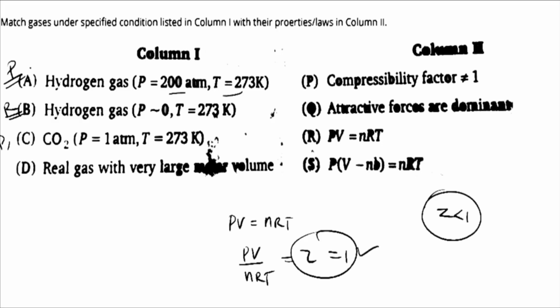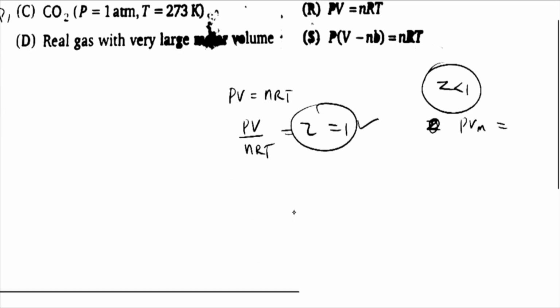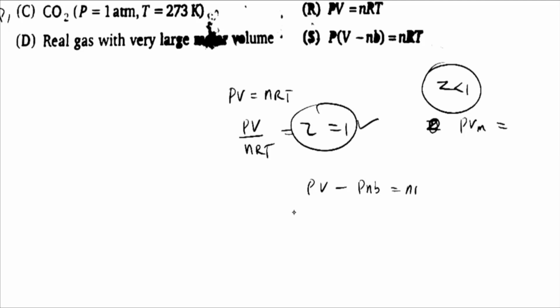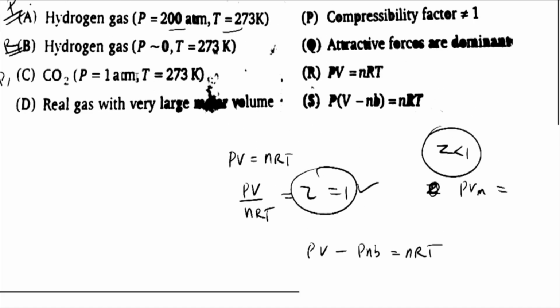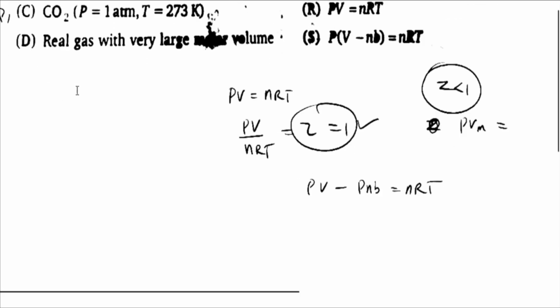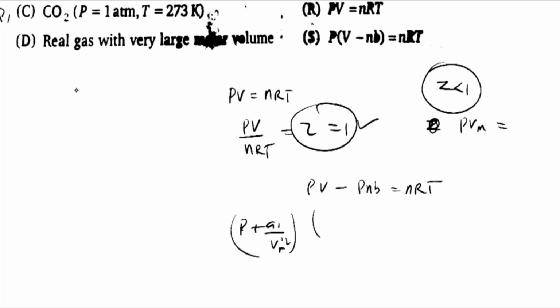If this is less than 1, what will be the value? PV minus Pb equals nRT? No, this is not the case. In case of CO2, Z is less than 1, then (P plus a by Vm square) into (Vm minus b) equals RT. Attractive forces dominate.